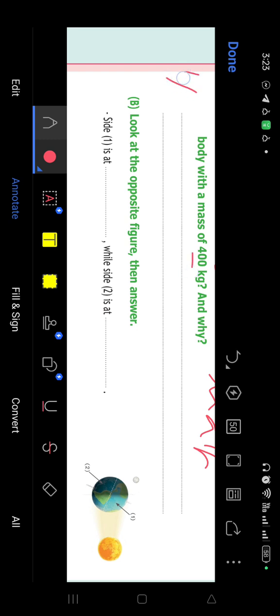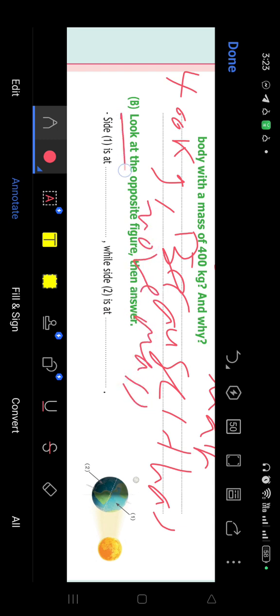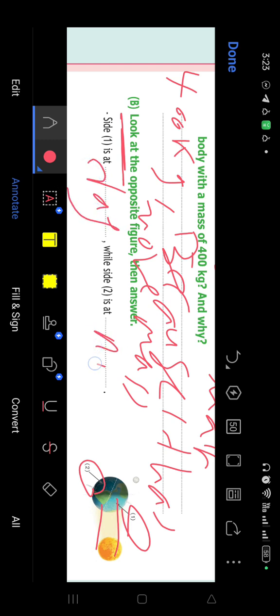So of course the 400 kilogram body will be attracted more because it has bigger mass, because it has more mass. Okay, look at the figure. We're having a number one and number two. Of course, one faces the sun, so it will be day, and the other part it will be night.